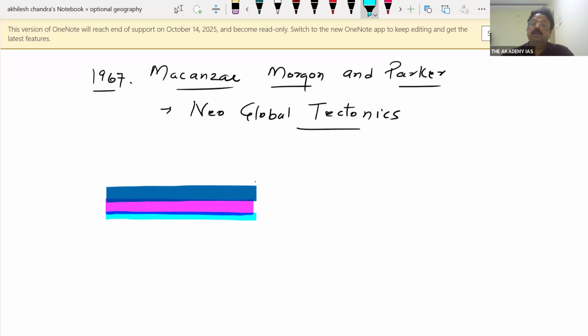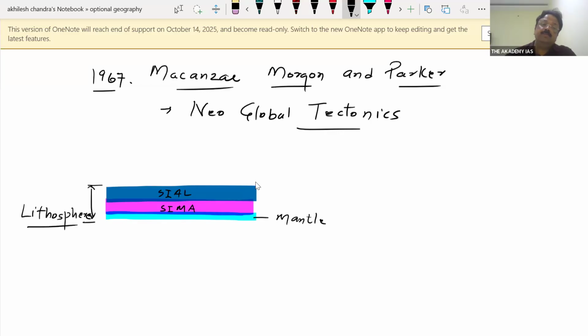So these three, Sial, Sima, and upper part of mantle, constitute lithosphere. In the interior of Earth, we discussed it. Lithosphere, and this lithosphere is divided into different units, and these units are called plates.